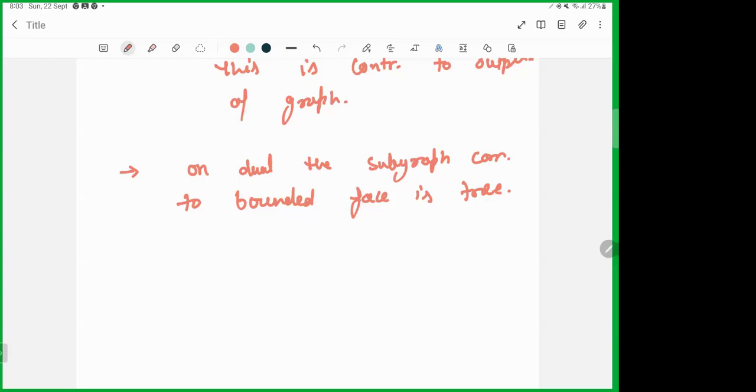You can't bound with only one edge. So there is a face which is adjacent to only one bounded face. So at least if we have one bounded region in the planar graph, that definitely means that you have degree 2 in that.